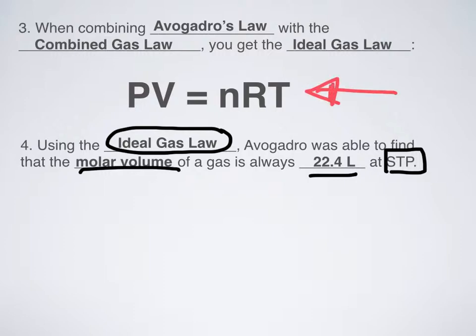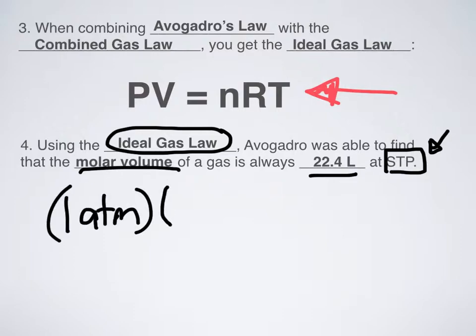Let's plug in values for PV equals nRT and see what we get. All right, so let's say my pressure, I'm at standard temperature and pressure, is 1 atmosphere. So I have 1 atmosphere. My volume, I don't know. N, okay, that's the number of moles. Since I'm looking at molar volume, I only have 1 mole.